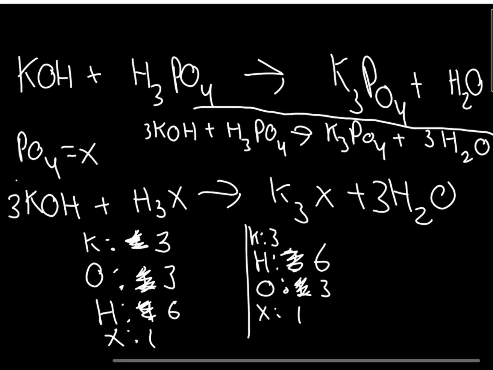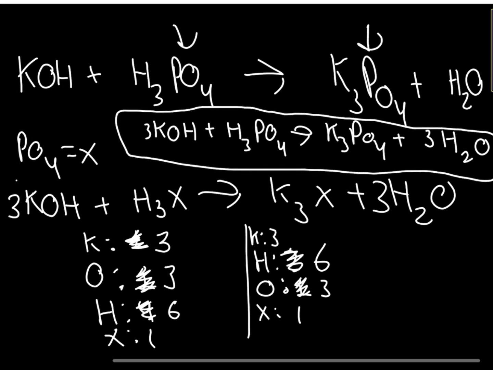And that is going to be our final balanced equation. So whenever you have the same polyatomics on both sides, just treat it like how you would treat an atom, okay? Just like a single thing. You don't have to write out every element inside the polyatomic ion.